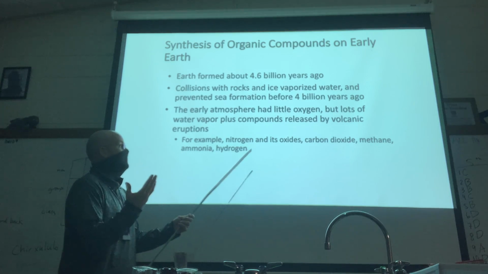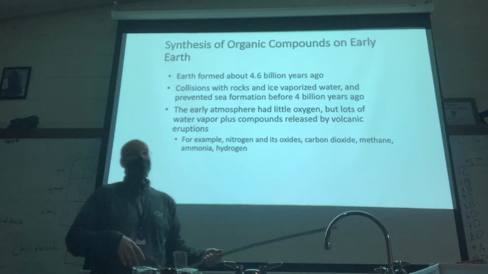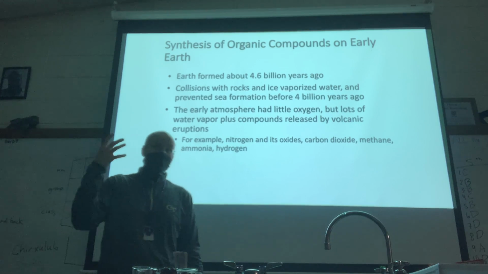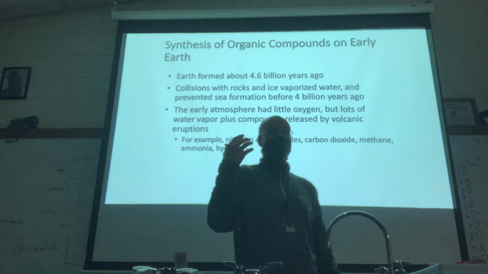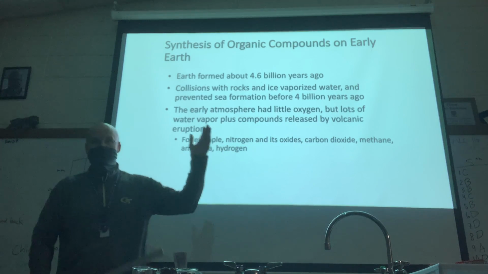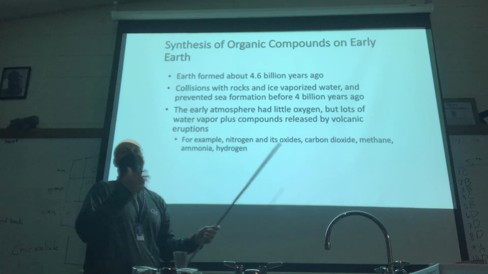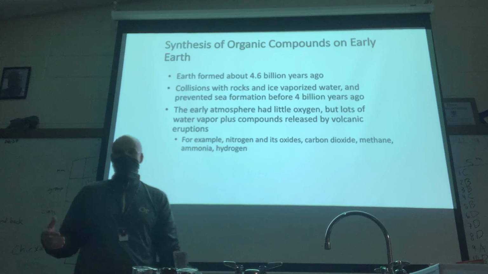And there were other gases. Methane, ammonia is thought to be pretty common. A very humid planet, lots of water vapor probably existed on Earth. Not exactly 4.6 billion years ago, but 4 billion years ago.